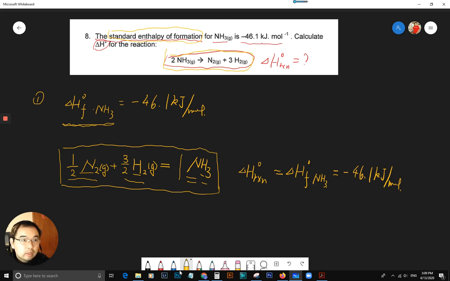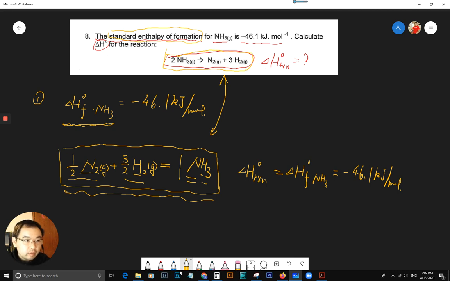Then look at the target equation. Does it look familiar? Those two equations look pretty familiar. That means if I rearrange this enthalpy of formation equation, we can get the target equation.